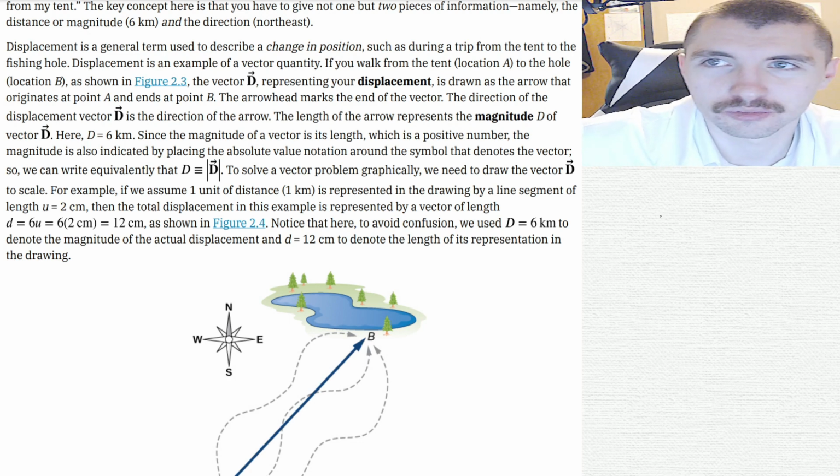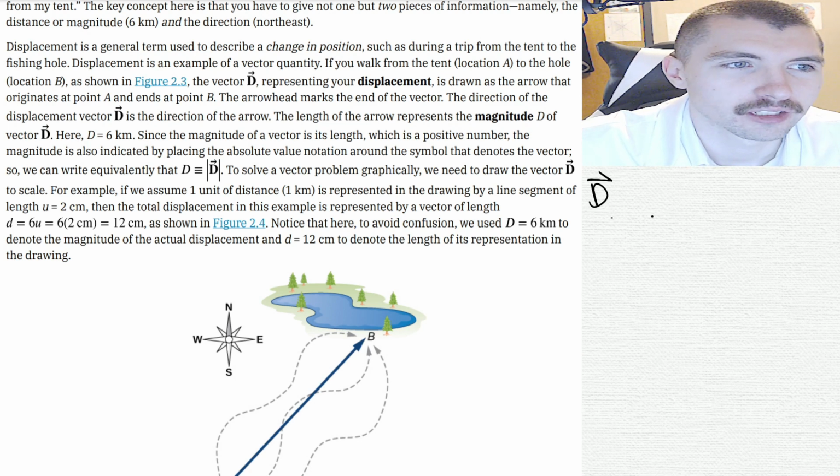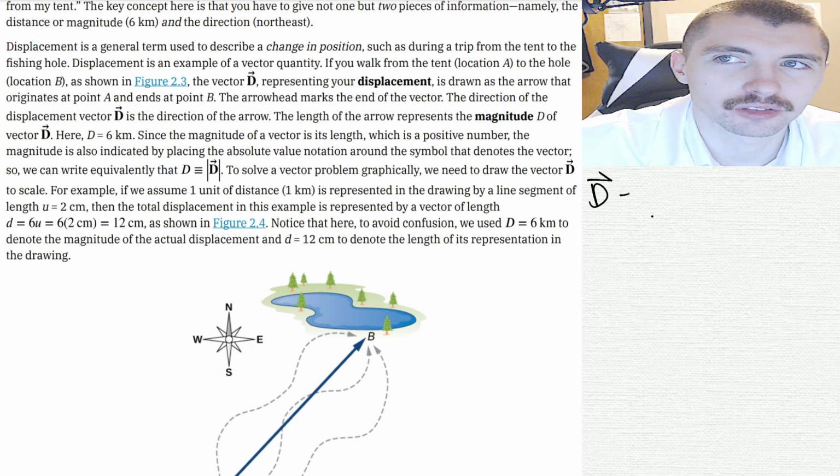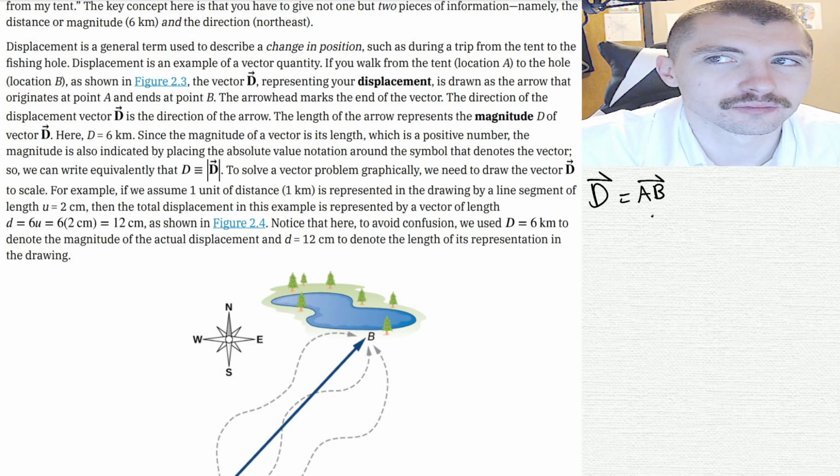All right, so the displacement vector. So you could say this vector is equal to A to B. Since the magnitude of the vector is its length, it's a positive number.